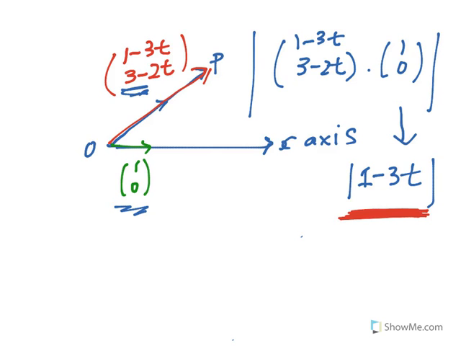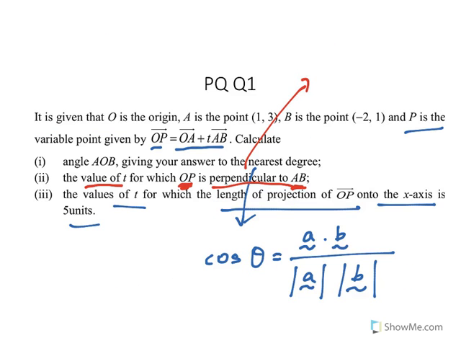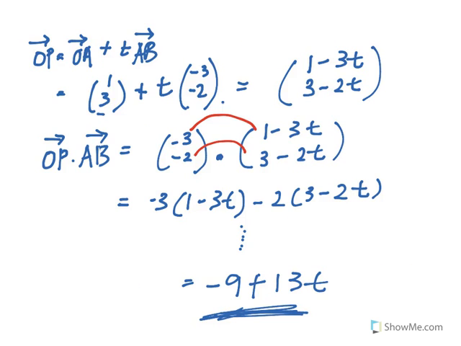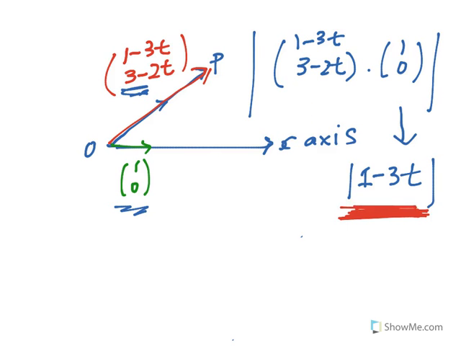So back to the question, we want this to be 5 units. It means we want the length of projection to be 5 units, so we want the modulus of 1 minus 3t to be equal to 5. This is just a simple linear modulus equation.